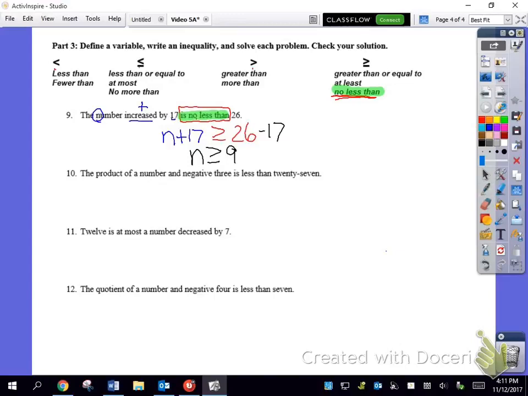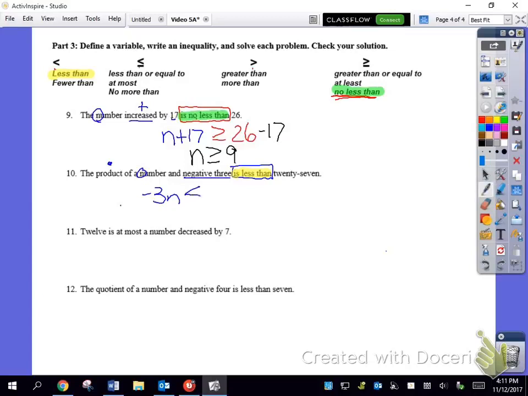Number 10, the product, remember product is multiplication, of a number and -3. So -3n is less than. Now, anytime it has a is in front of it, less than, then that's when you use inequality. Oops, that's the wrong one. It should have been this one because it did not say equal to. So since it didn't have equal to, I couldn't do the other one.